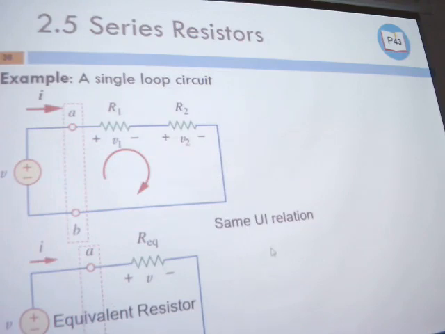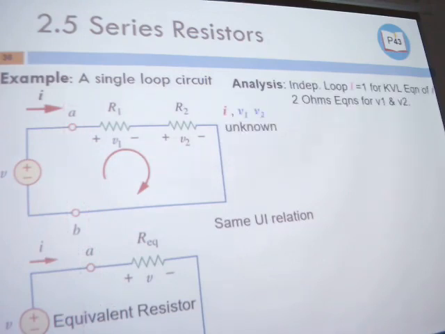We should have the same UI relation for node A and node B. We can do a simple analysis here. In this circuit, we just have one independent loop. Our L equals 1, so we can write down a KVL equation for the loop current I. And we also can write down 2 Ohm's law equations for V1 and V2 because inside here our V1, V2, and I are unknown, so we need 3 equations.